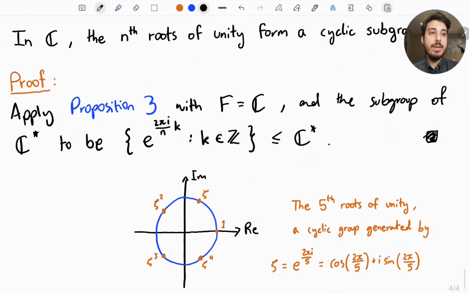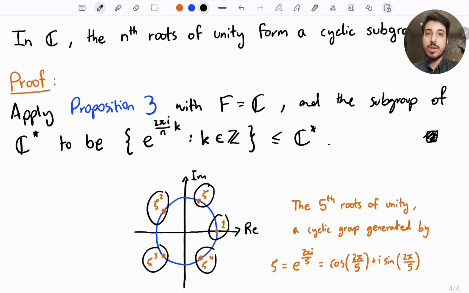An example would be if we take the fifth roots of unity. In other words, the complex numbers such that if you take the fifth power of that complex number, you get back 1. Here they are represented graphically on the real and imaginary plane: 1, zeta, zeta squared, zeta cubed, zeta to the 4, back to 1 again.